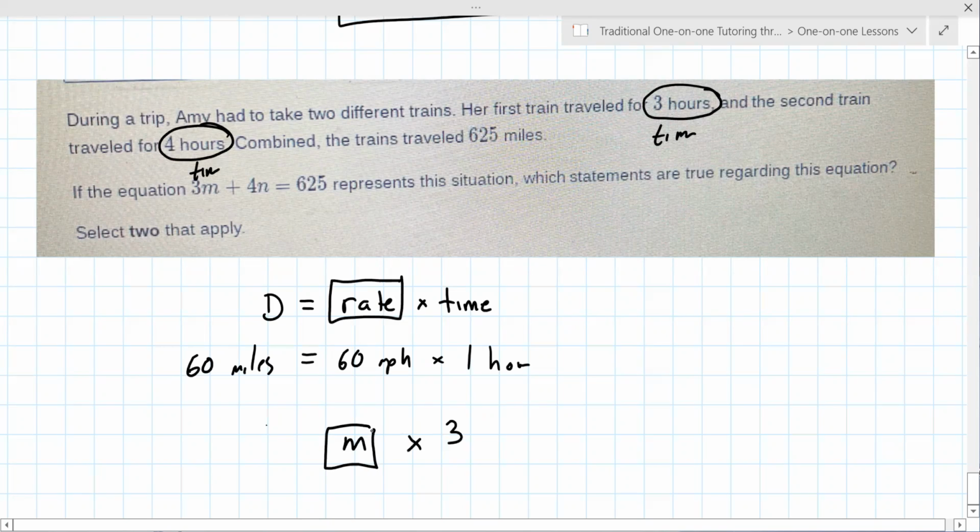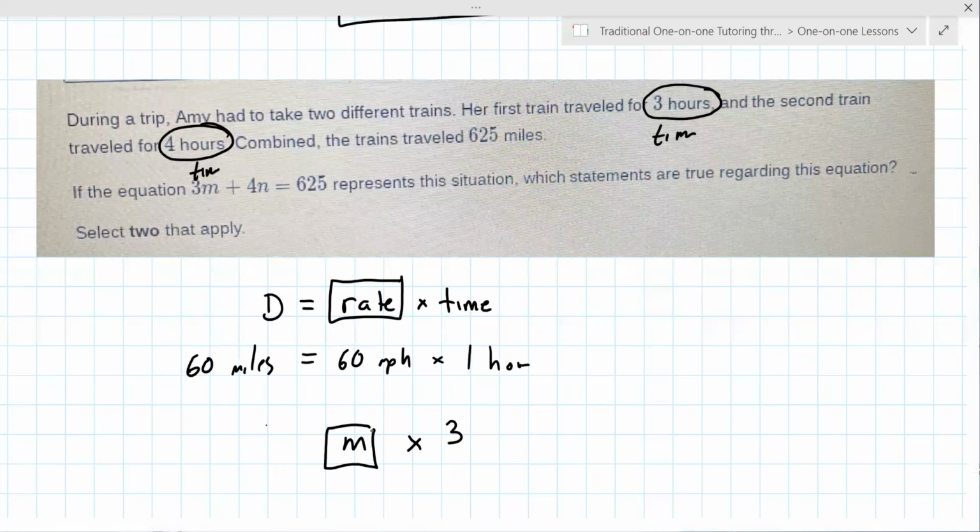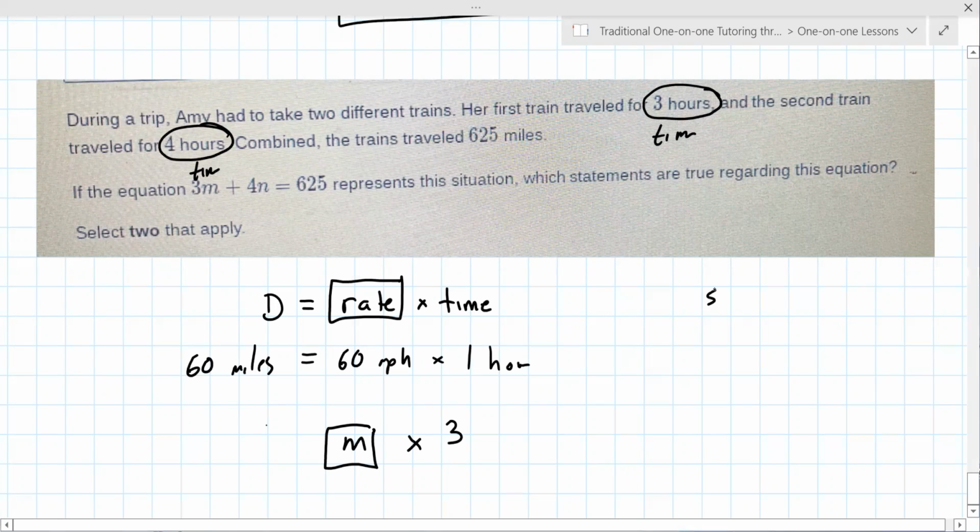Thank you. Okay, so they don't use the word rate though. They use the word speed, and that's fine in this context, but they're saying that m is the speed of the first train. We're led to believe that m represents the first train. Now this 4n is for the rate or the time, Jeremiah? Oh, that would be the rate.